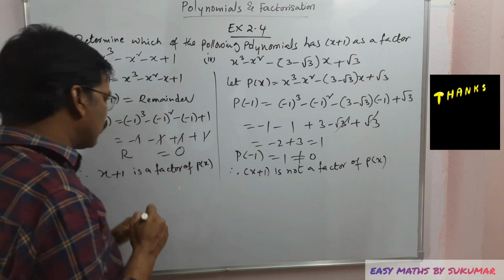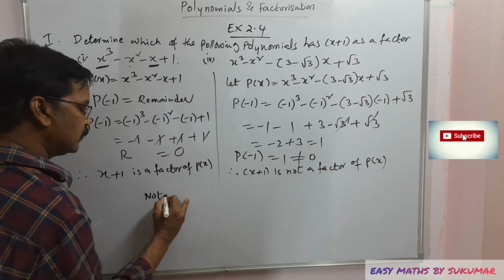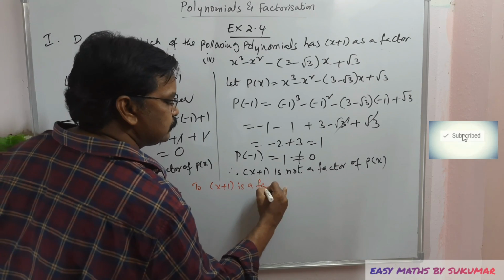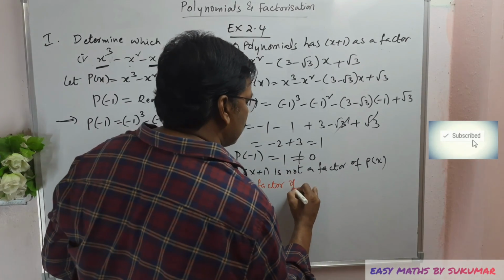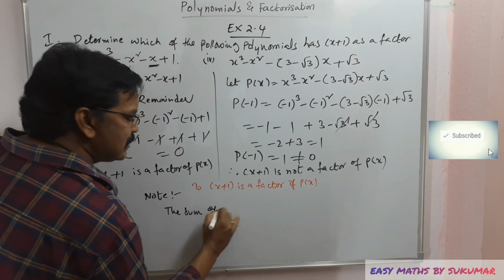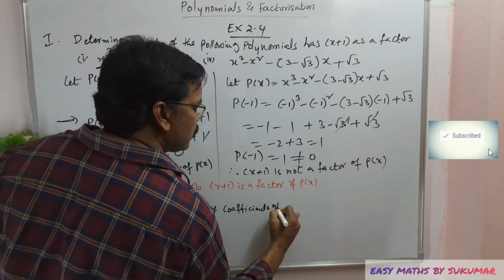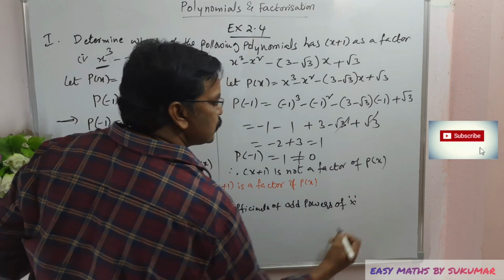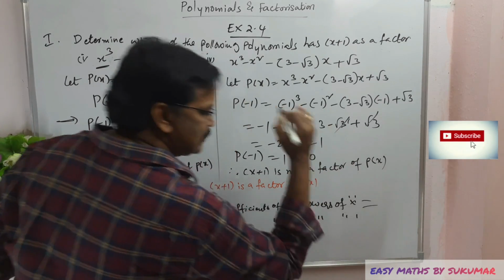I hope you understand. I want to tell you one more thing, students. Note: just remember, for x plus 1 to be a factor of P of x, the sum of coefficients of odd powers of x should be equal to the sum of coefficients of even powers of x.